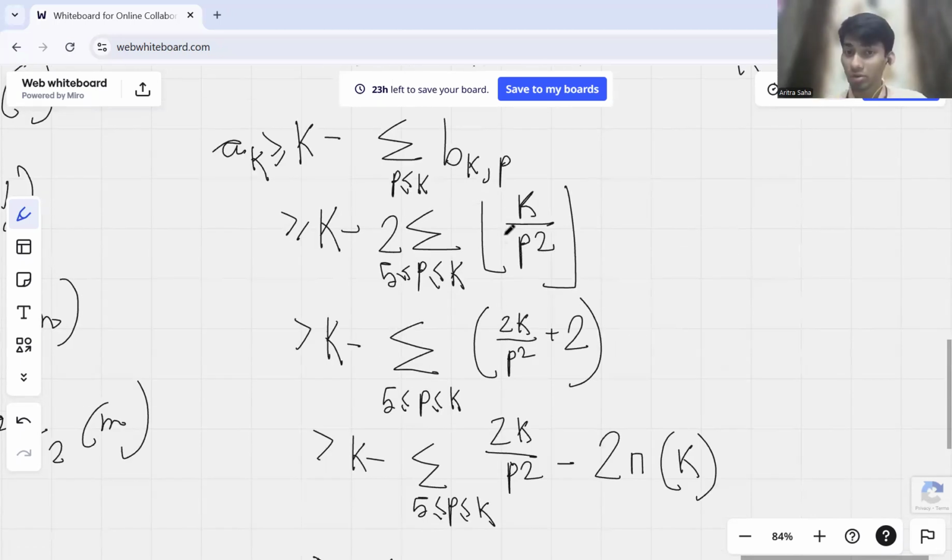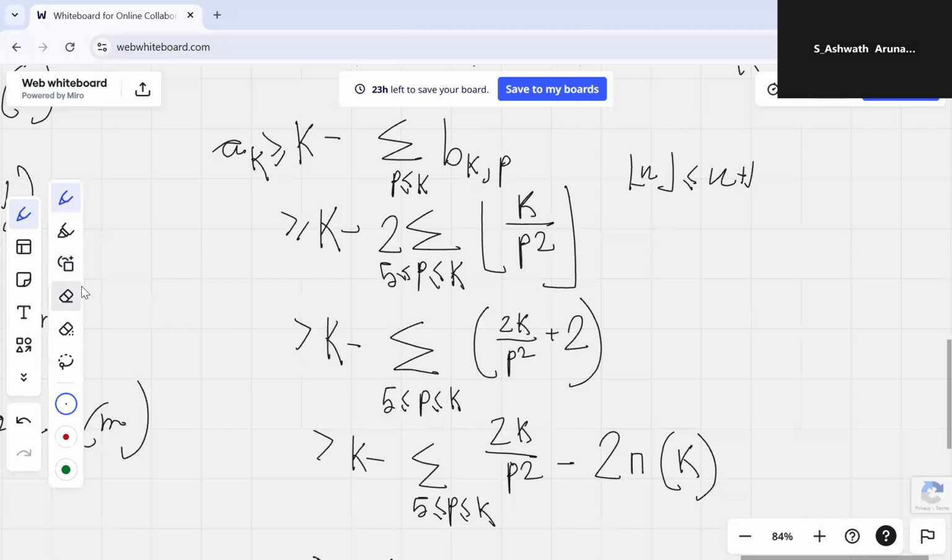Because we remove the floor thing, right? So floor is bad to work with. So we remove the floor thing, and that's why the +1 came. Oh, got it. Because it's in minus, so floor of x is less than equal to x plus 1, right? And this is in minus, so the inequality sign will change and the +1 will come, if you see. Got it. Thank you. Yeah.